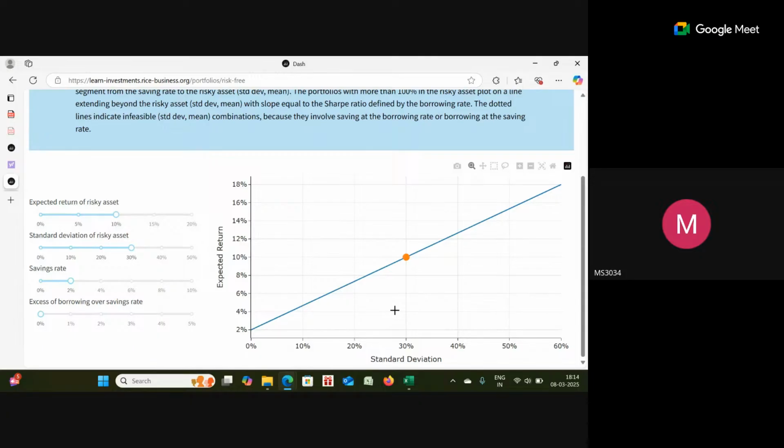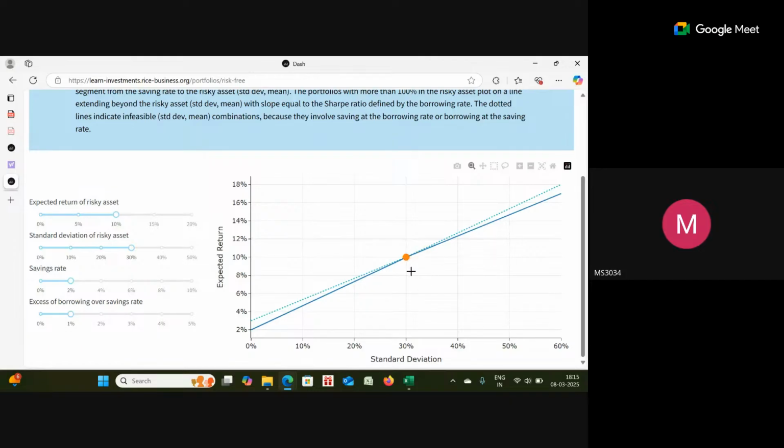But usually in real life that is not the case. The borrowing rate is always higher than the savings rate, correct? Let's suppose the savings rate is 2% and the borrowing rate is 3%. In that case, this dashed line is the line according to the borrowing rate. If you see this dark blue line, there is a little bit of a kink when you start borrowing in the market.